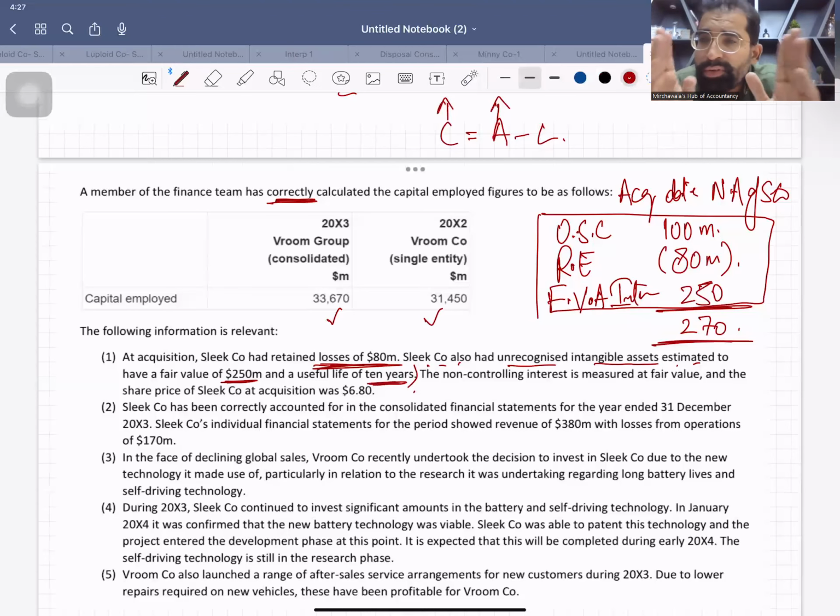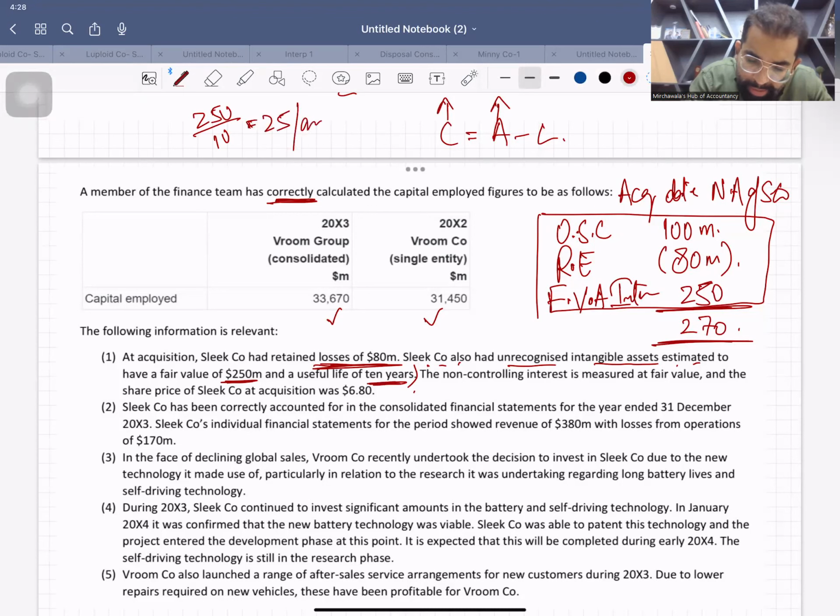So in the individual books, there is no intangible asset as well as no depreciation. But for the consolidated books, this intangible asset must be there and we need to depreciate it as well. So 250 divided by 10, there will be 25 per annum. 25 per annum depreciation or amortization will be booked in consolidated books every year.